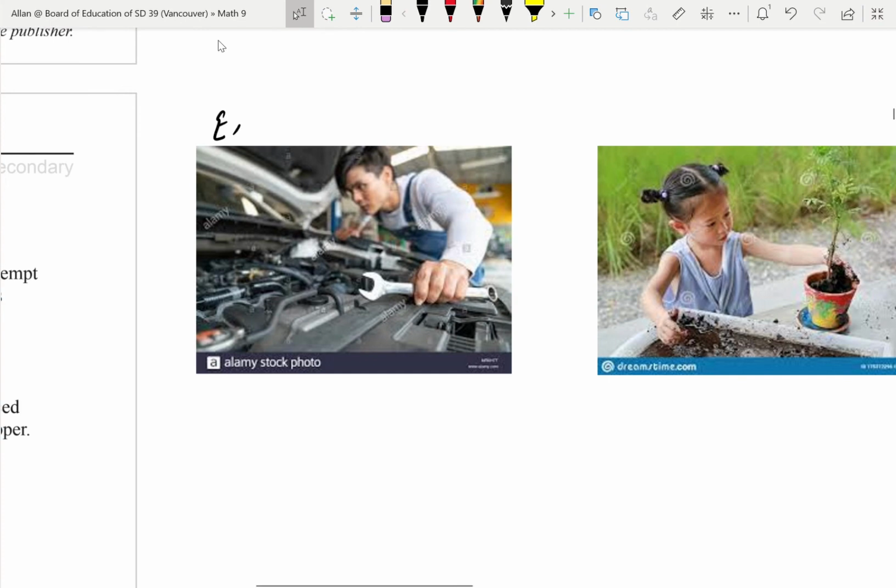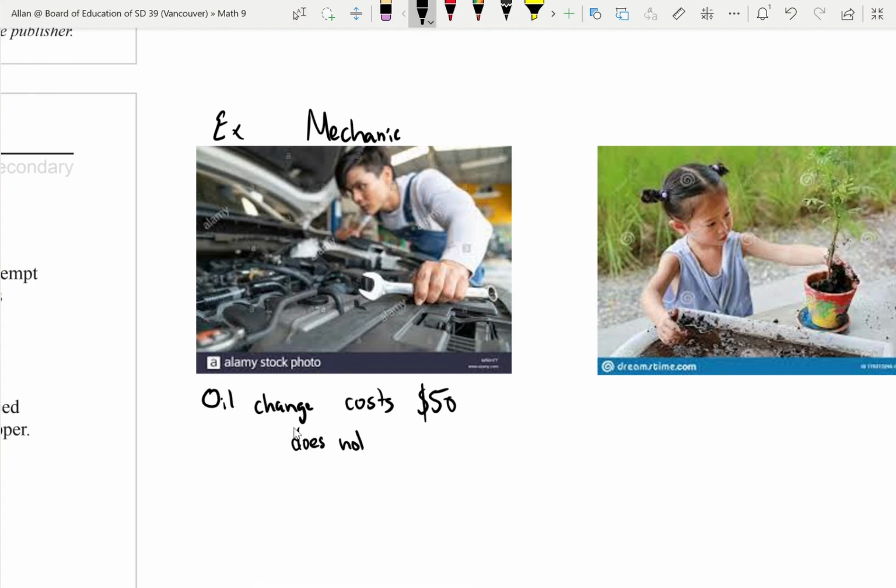So an example, you can say an oil change, if it costs $50, it does not matter if it takes 10 minutes or 10 hours. You're only going to pay the person $50.